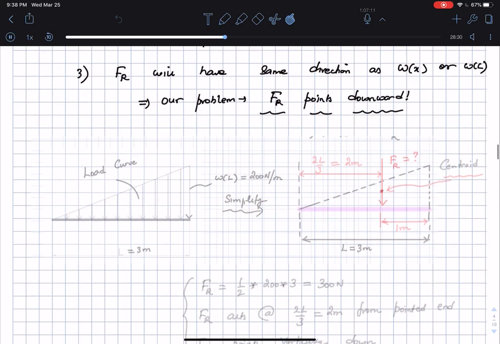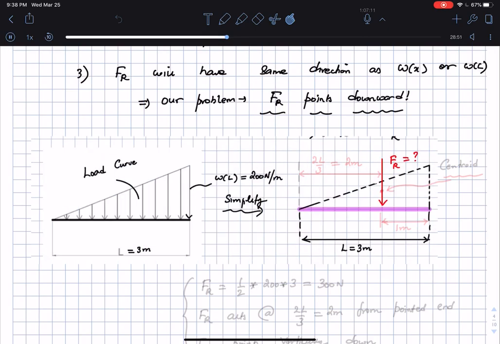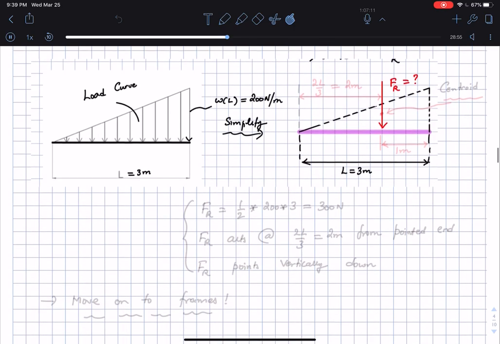Alright, so going back to our figure where we had these equivalent forces, I want to copy them and paste them here and ask, in our situation, what is the value of FR?